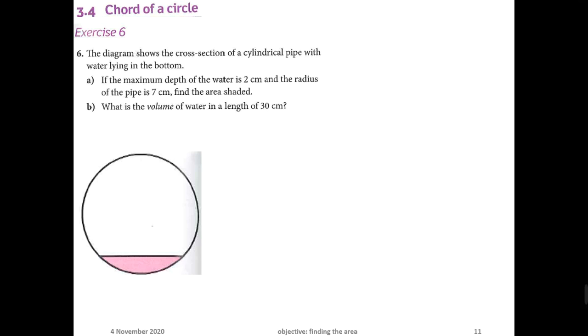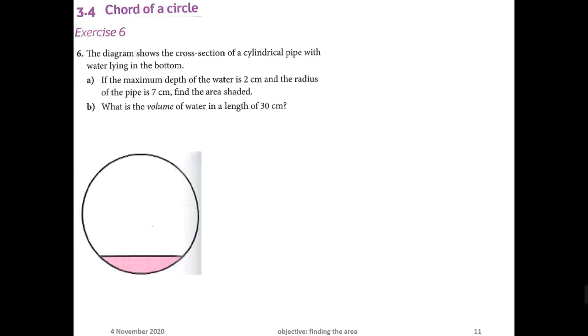So the shaded area is actually showing the water that is lying in the bottom of this pipe. If the maximum depth of the water is 2 centimeters, and the radius of this pipe is 7 centimeters, find the area shaded.